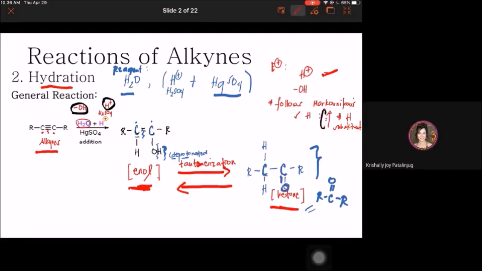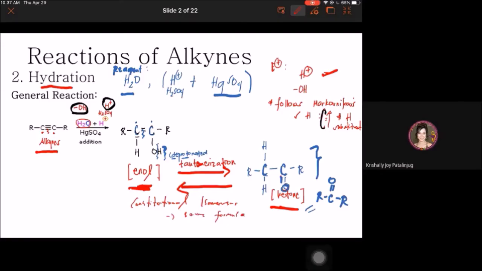This is particularly a type of constitutional isomerism or structural isomerism. And how do we define a constitutional or structural isomerism? Remember that constitutional isomerism refers to the existence of compounds with the same formula, but they differ in the structure.